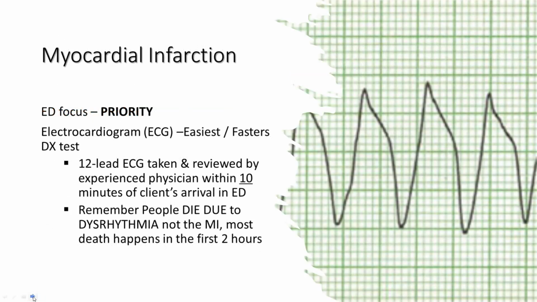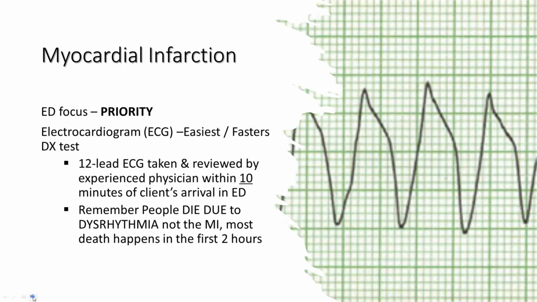From an ED perspective, the client comes in, they complain of chest pain. We're going to do the simple things first, right? Put them on oxygen, whatever we can do. We know that we have time limit rules. So when we talk about OPQRST, we are talking about 10 minutes. So if I ask you, hey, when did you get here? And you're complaining of chest pain, I've got 10 minutes to get that 12-lead ECG.